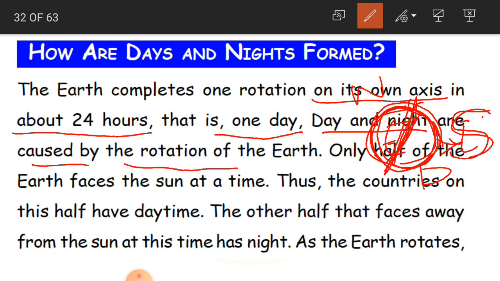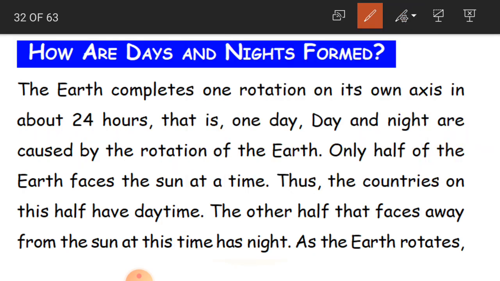When this earth is rotating and this night part comes to this side, again here it will be night, and again this side it will be day. So it is nothing but by the rotation of the earth that day and night are caused.